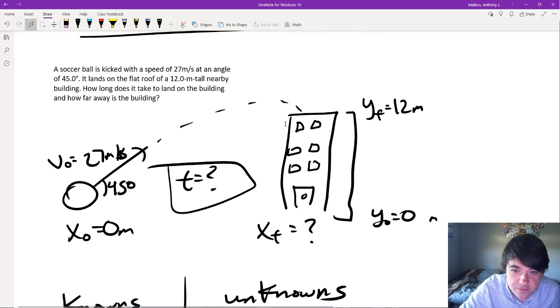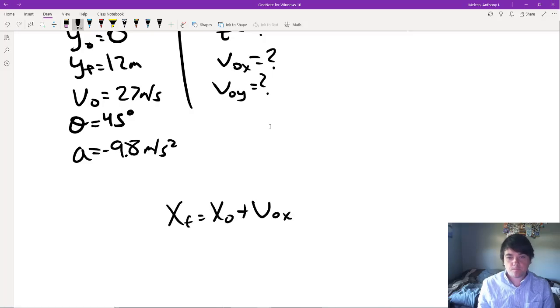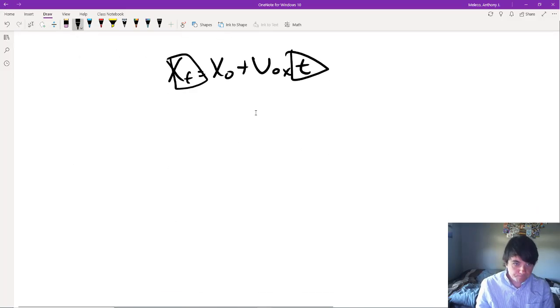Or we ultimately need time and x final. So if you look at the x final equation, we don't know this, we don't know this, and we don't have a way to get it. So we can't use this now. We need to use the y formula.